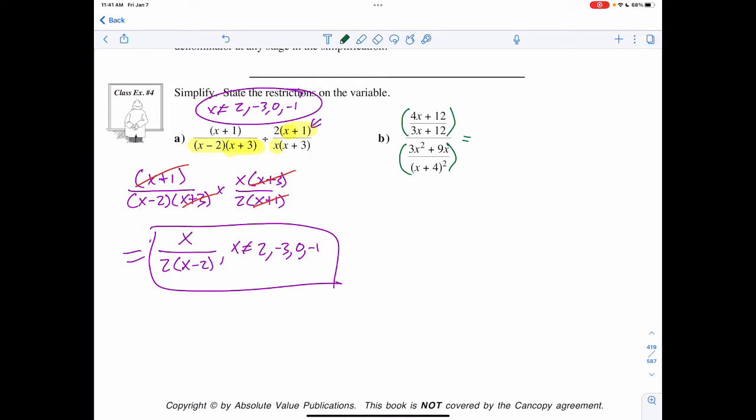I'm taking the numerator, which is a full fraction, 4x plus 2 over 3x plus 12, and I am dividing that by 3x squared plus 9x over x plus 4 squared.